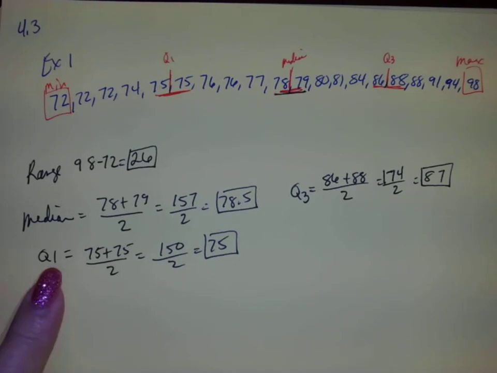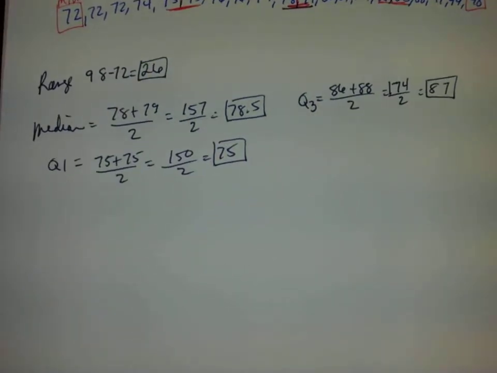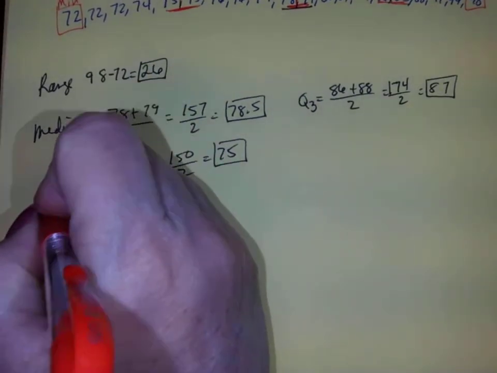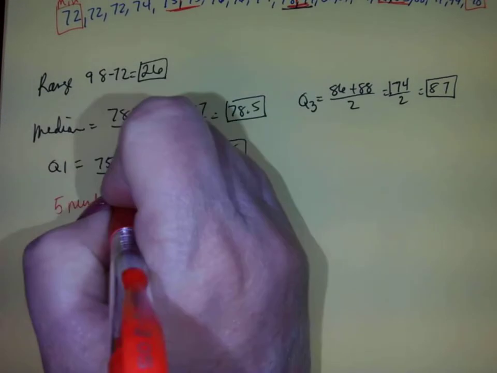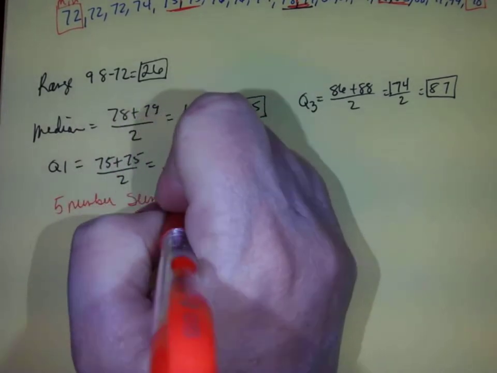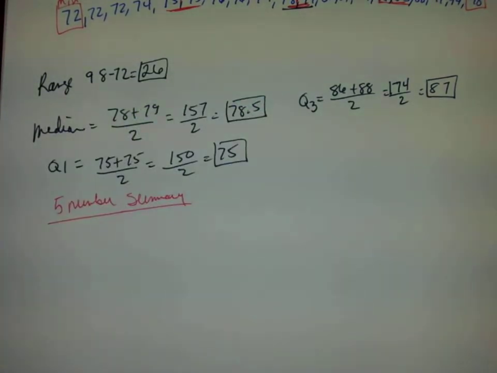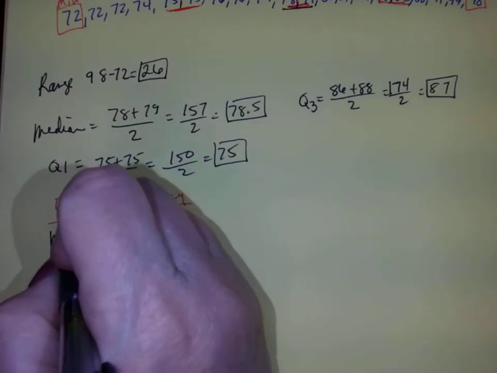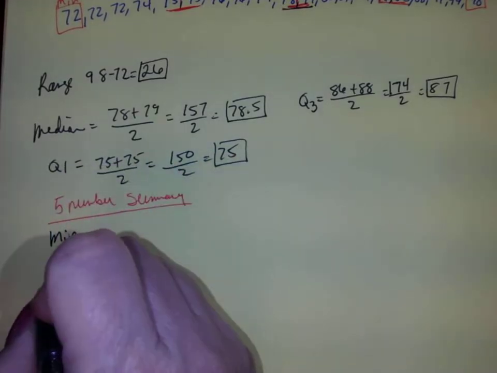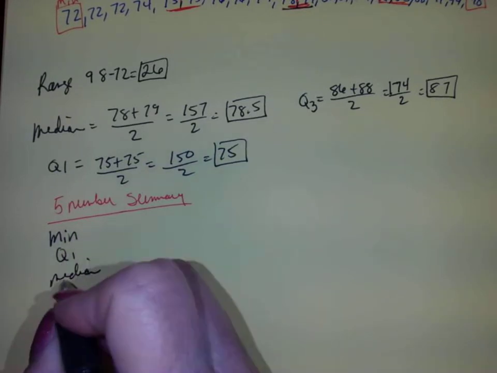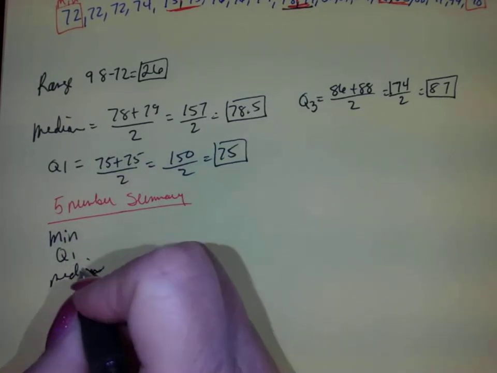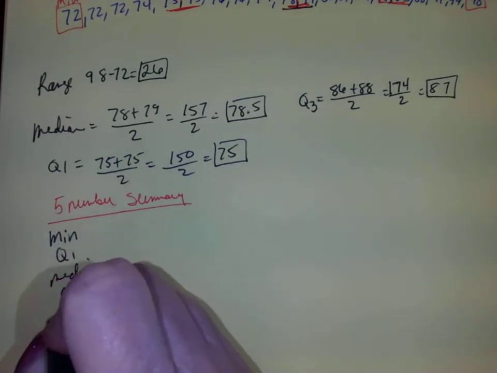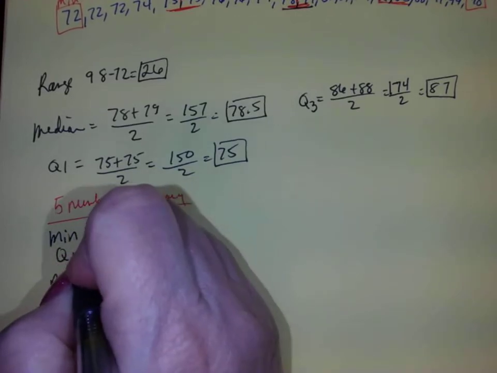So the summary would be, if I'm doing the 5-number summary, just so if you were like, hey, I need to do the summary on this, this would be my min, my quartile 1, my median, my quartile 3, and my max.